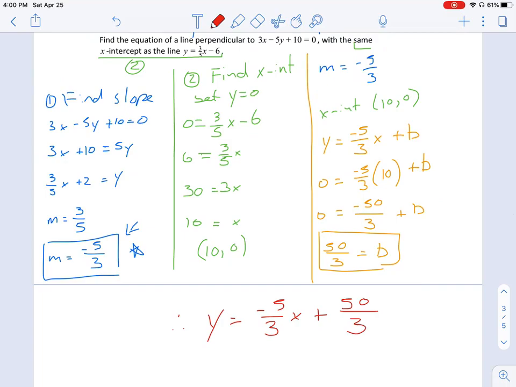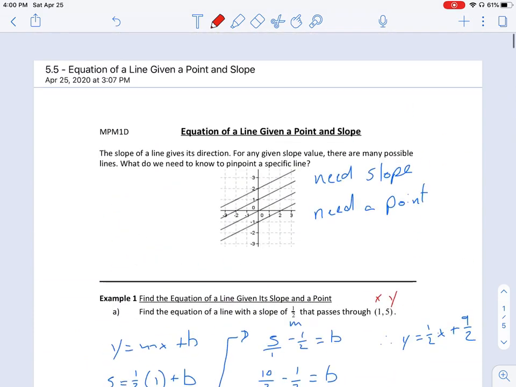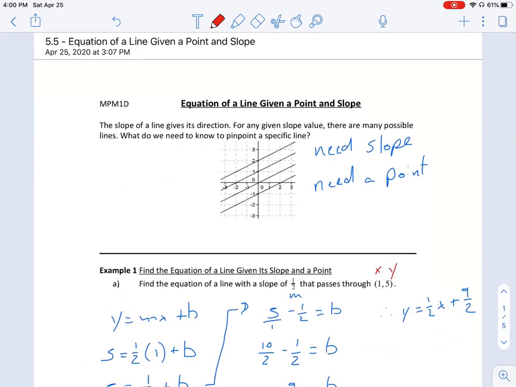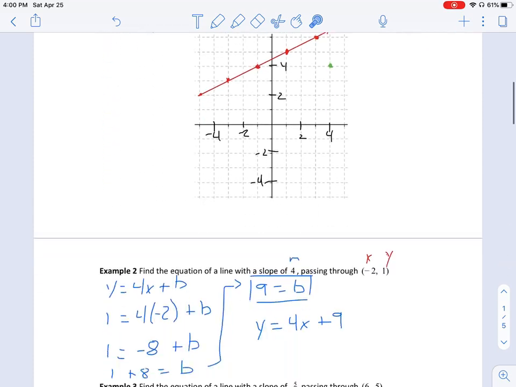Okay? So the big takeaways, if I kind of go through this one more time, the big takeaways here, we need a slope and a point in order to find the equation of the line. If we have a slope and we have a point, we simply plug them into the equation of a line. We get our y-intercept, and then we have our new equation of a line.